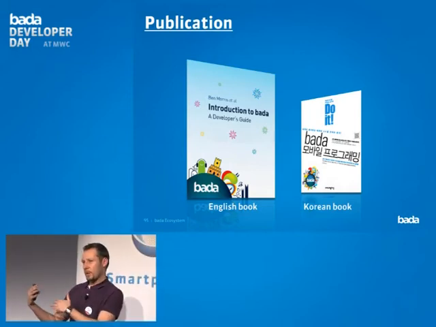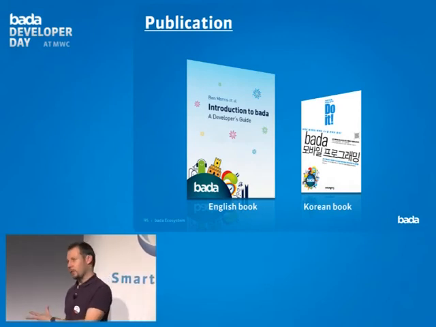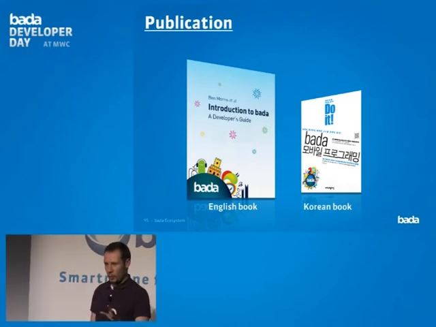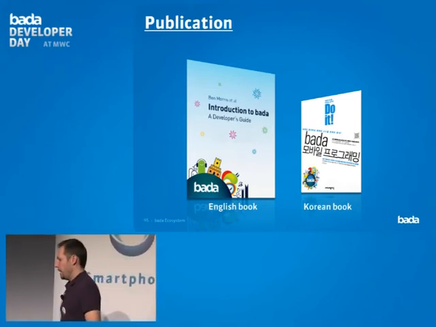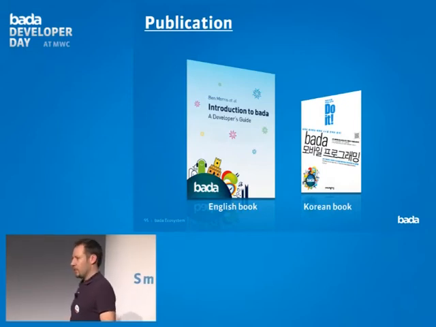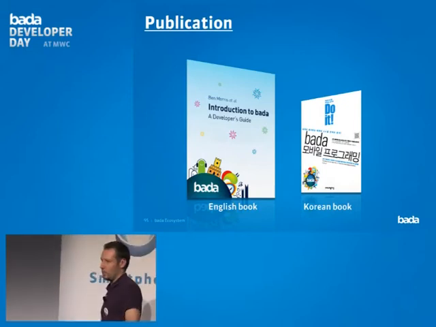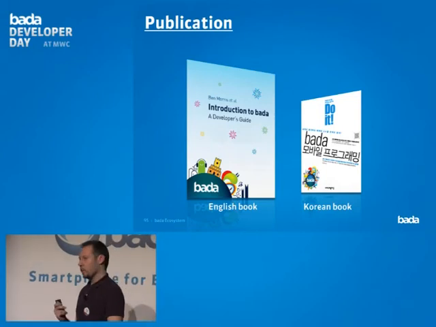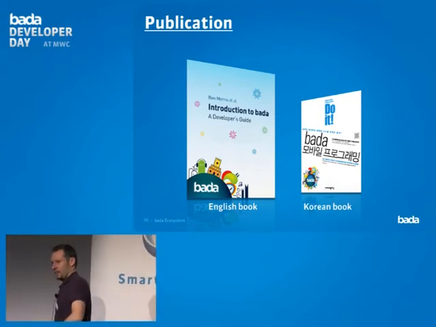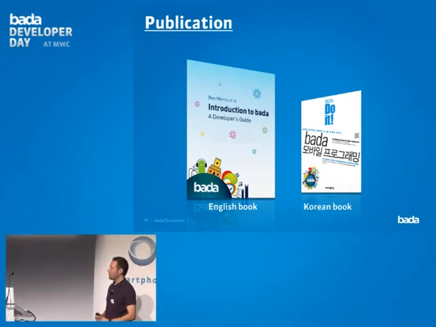We provide a code solution explaining how to do that in bada. There are 45 recipes discussed in the book, and we extend the number of recipes also on our website. So if you're interested, just check back on our website. We're going to publish more and more recipes there. And you also get the source code for download if you're interested. So just feel free to take it, nick it, and use it in your code.